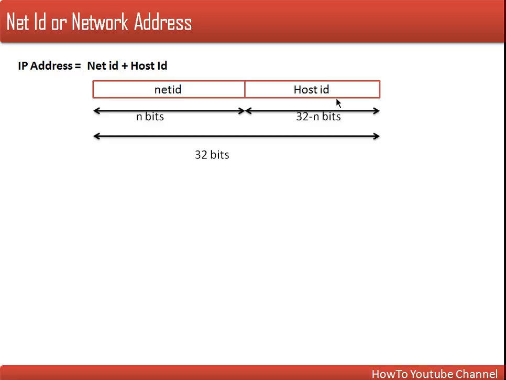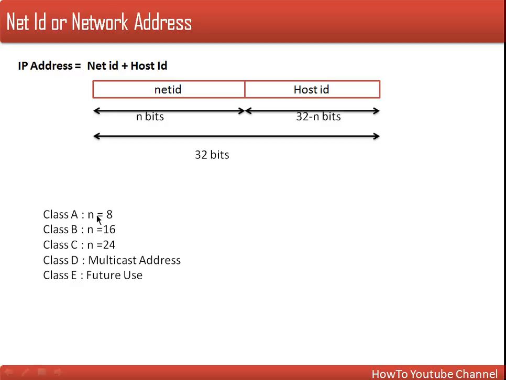So for every class there is a different network ID. Like for class A there are 8 bits for network ID. For class B there are 16 bits, and for class C there are 24 bits used as network ID. Class D is used for multicast addresses, and class E is reserved for future usage.